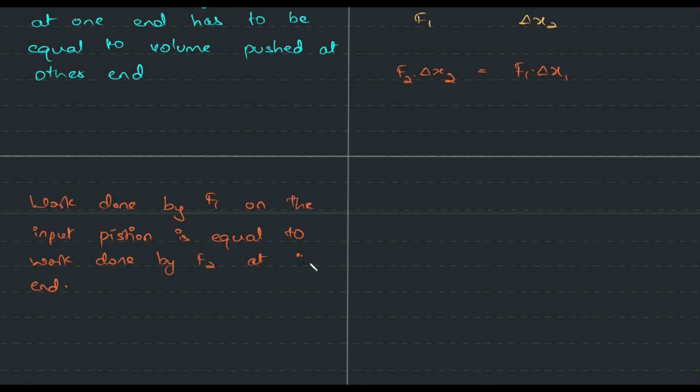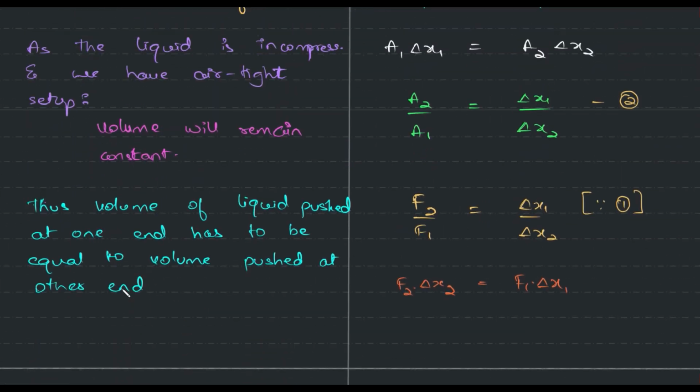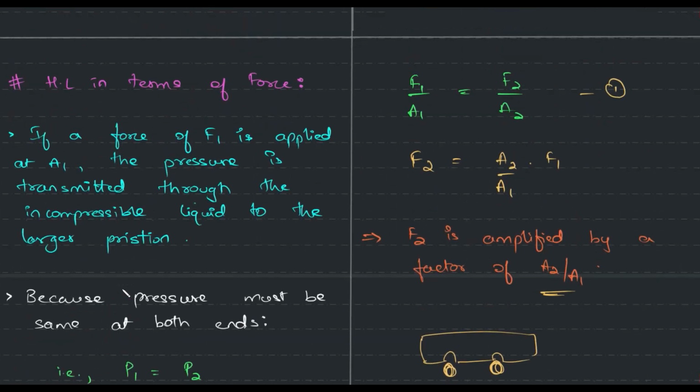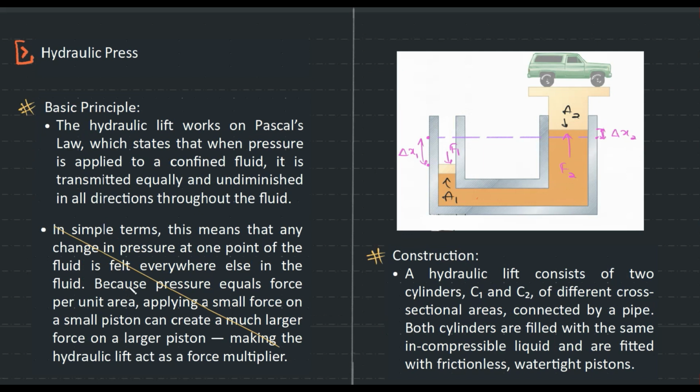So you can see that we are not actually doing any extra bit of work over here. So the energy is per se conserved. That should have been your question: how is it that I'm able to put in some effort and do a lot more work? We are not actually. So the work is not amplified over here. There's no external energy coming in. There's no violation of the law of conservation of energy.